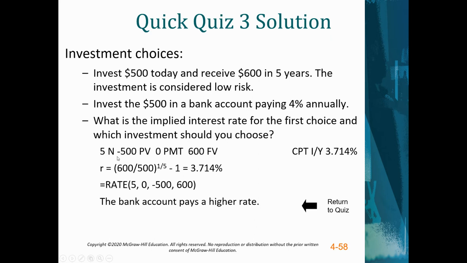I can do it with the financial calculator: 5 and enter, negative 500 present value, enter, 0 payments, 600 future value, gives me 3.74. So in this case, the 4% that the bank would pay me would give me more than the $600 I get in this investment. So I'm better off putting my money in the bank in this case.